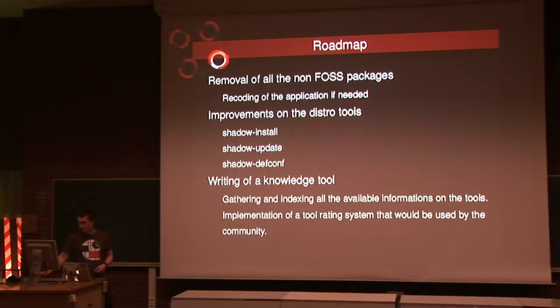And well, this is a little roadmap. So removal of all the proprietary software. There are still a few software in the shadowcircle-based distribution that are proprietary, like Maltego. It's a data miner.